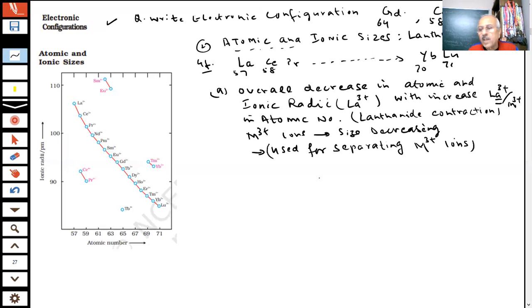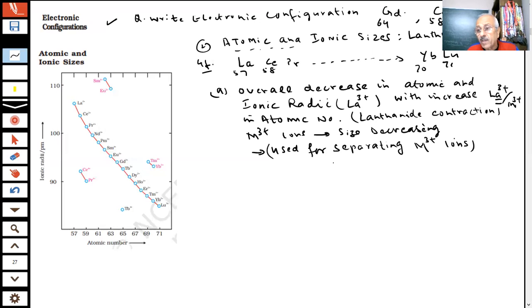This is an important thing. Ion exchange resin is used for separation, students, because their amount is quite less. Therefore they are of great use.